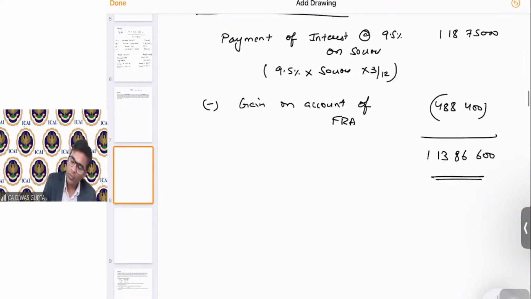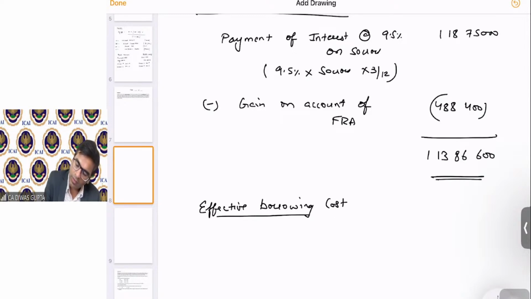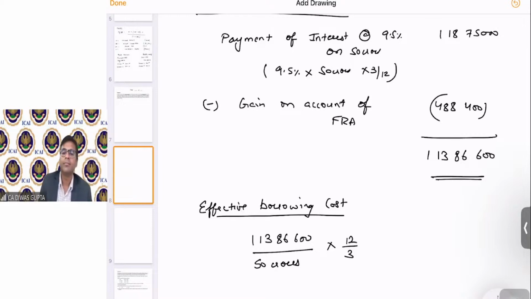Now, if you try to achieve the effective borrowing cost, which is 1 crore 13 lakh 86,600 divided by 50 crores multiplied by 12 by 3.